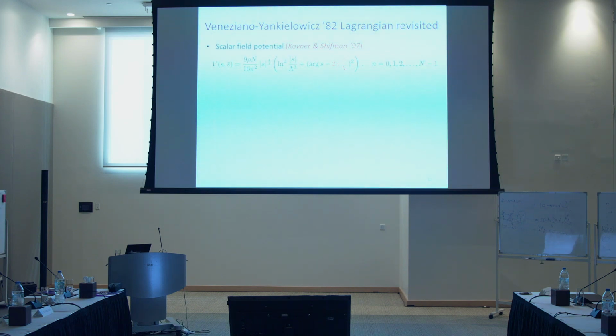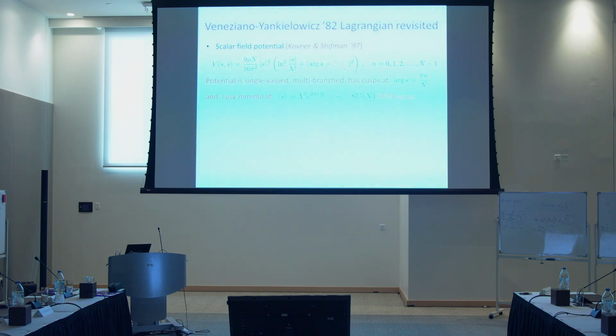And so the potential for the scalar field has this form, and it includes this contribution of the integration parameter here, which should be considered as a parameter or a discrete variable rather than a constant.